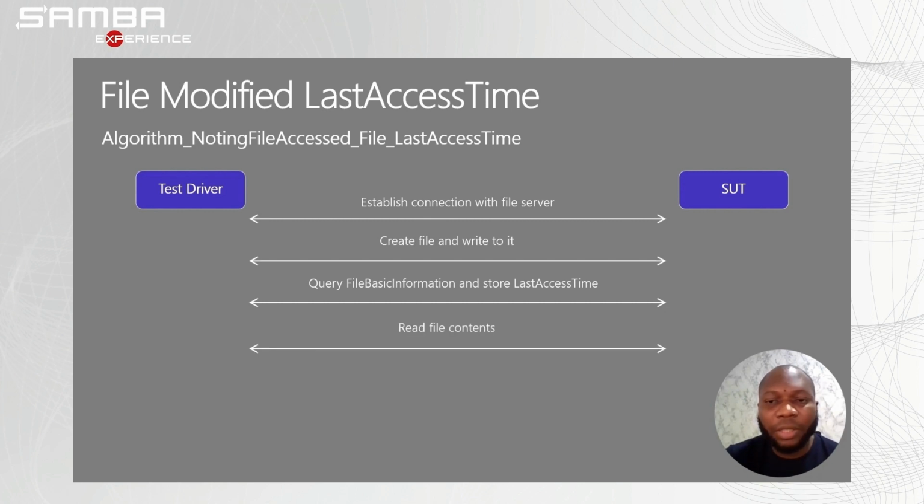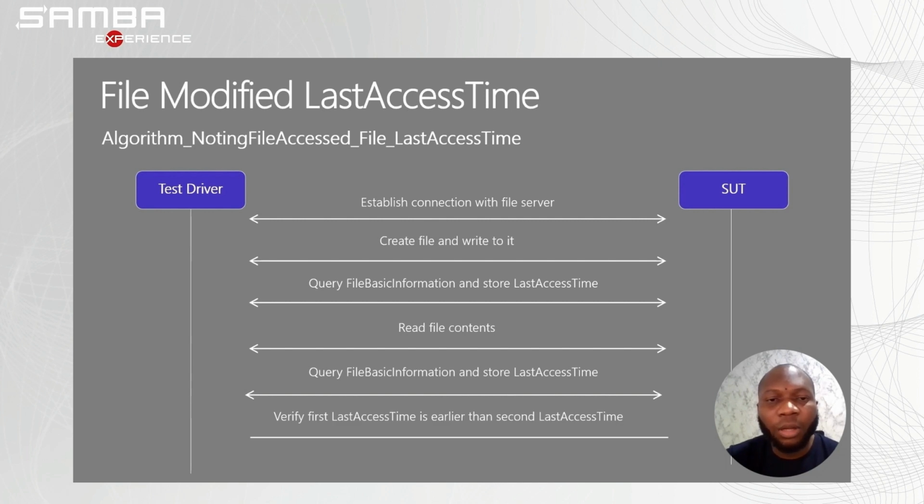The test driver makes a connection, reads the file contents, and then queries file basic information and stores the last access time from this query. The test driver then verifies that the first last access time is earlier than the second last access time. This is a successful test.